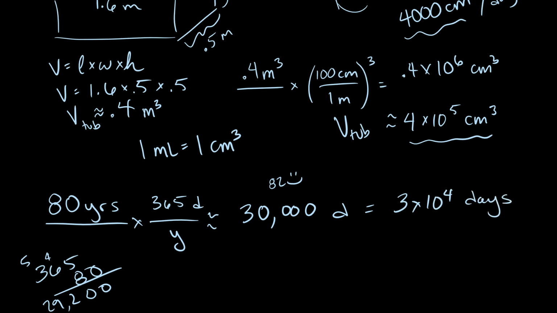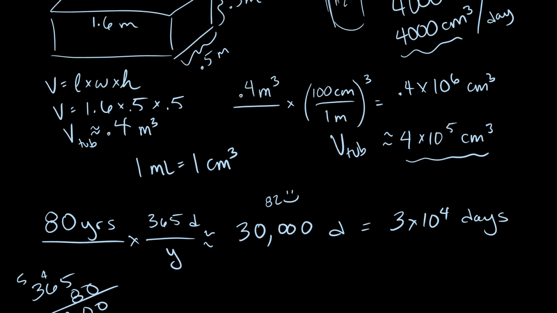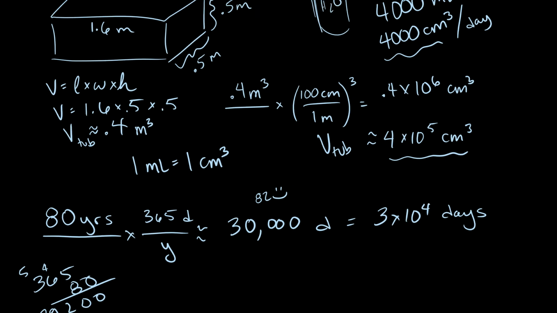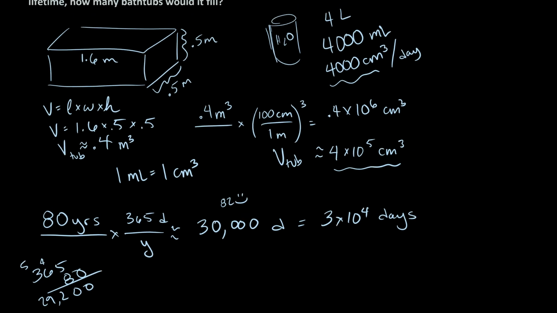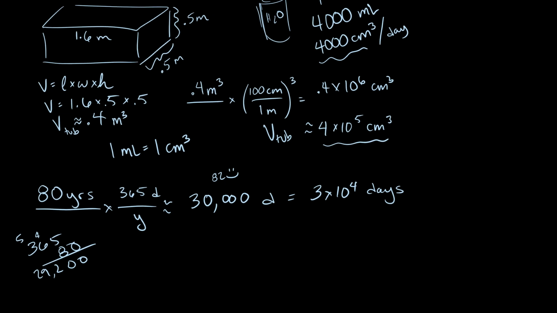Now I have days, I have cubic centimeters of liquid per day, and I have the volume of the tub. So it looks like I'm ready to find my answer. Let me make this a little bit smaller so you can see everything. Using my number of days alive, I can figure out the total amount of water.